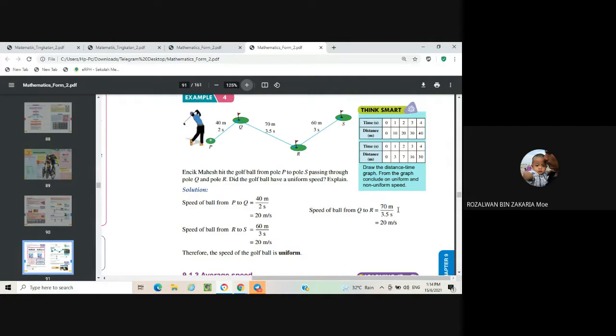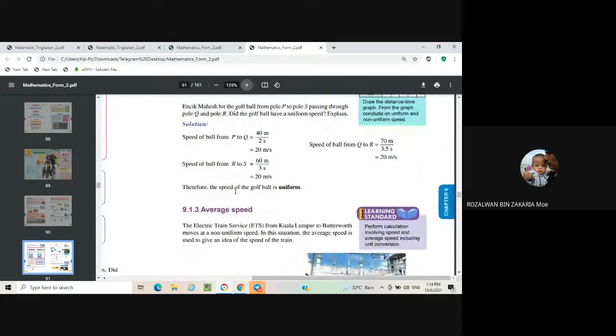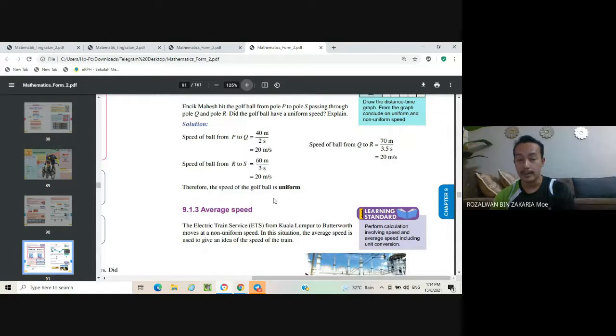Then you divide by the time taken, 3.5 seconds. You get 20 meters per second. Because the speed is the same, 20 meters per second, the conclusion is that the speed of the golf ball is uniform. Right? Okay, all right, class.